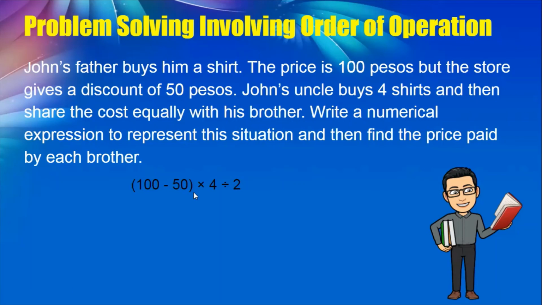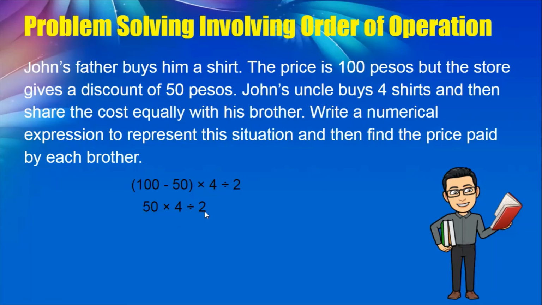Let us now find the answer. Again, we're going to do the numbers that are inside the parentheses first. So 100 subtracted by 50, the answer is 50. Copy the multiplication sign, copy the 4, copy the division sign, and copy the 2. So we have here 50 times 4 divided by 2.